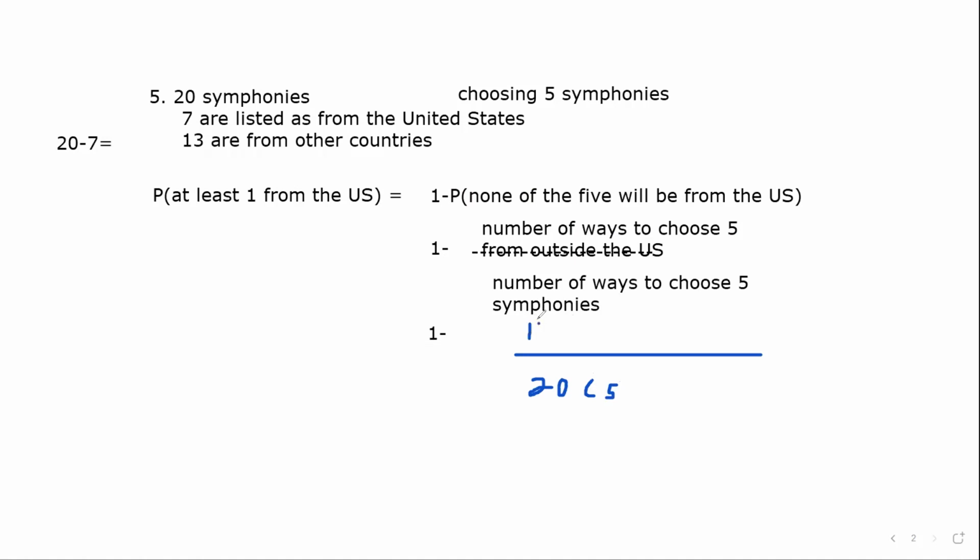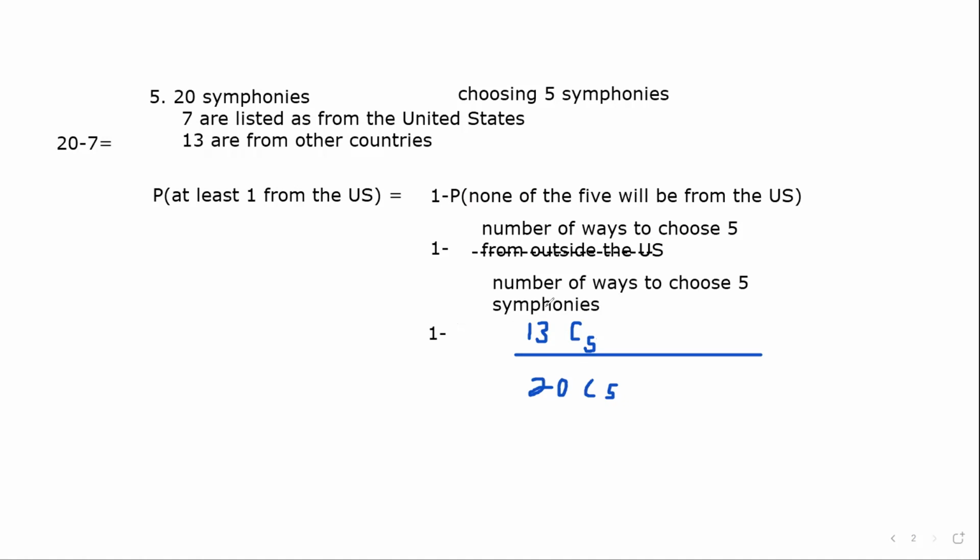And we're choosing 5 of those. So our selection for this first part of the problem is limited because we're only choosing from 13. So it's 1 minus this quotient.